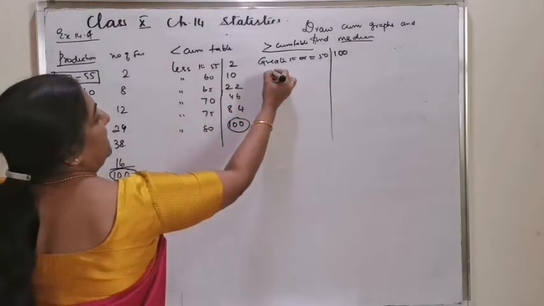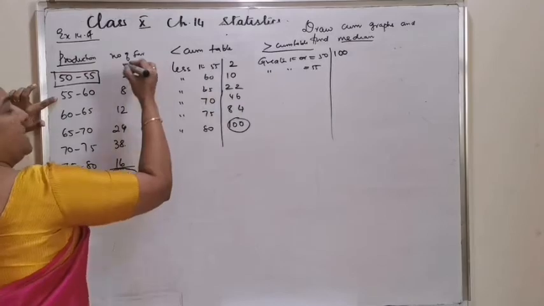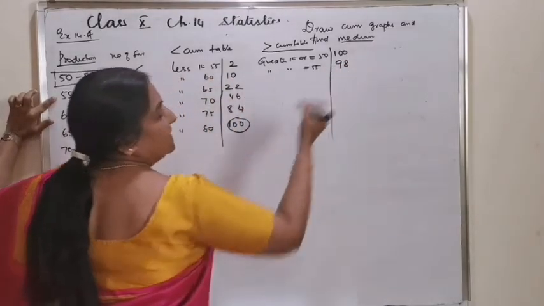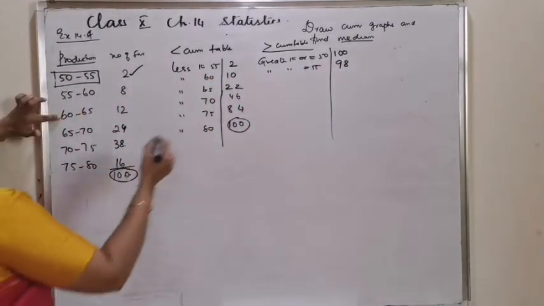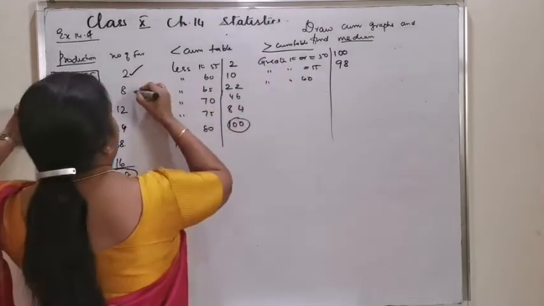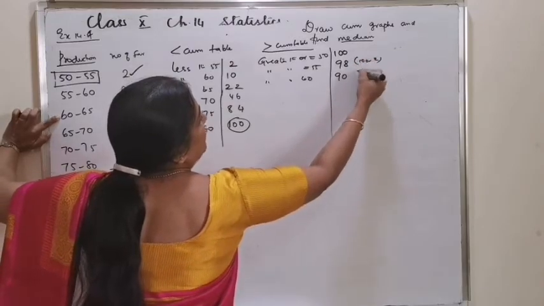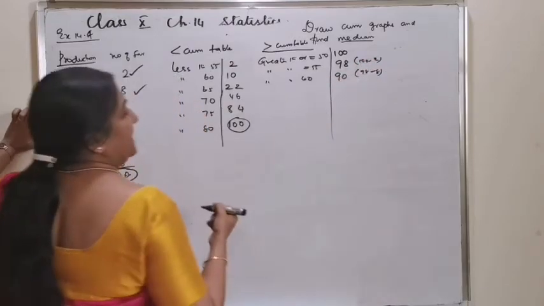Next is greater than or equal to 55 is 100 minus 2, which is 98. Next value greater than or equal to 60 is 98 minus 8, which is 90.